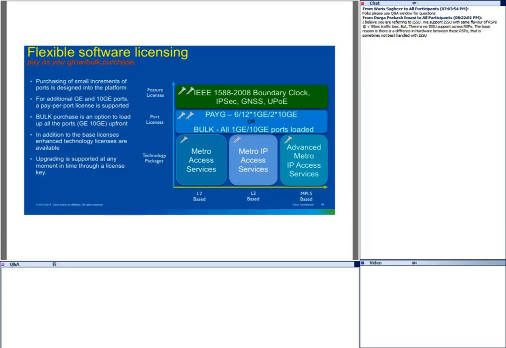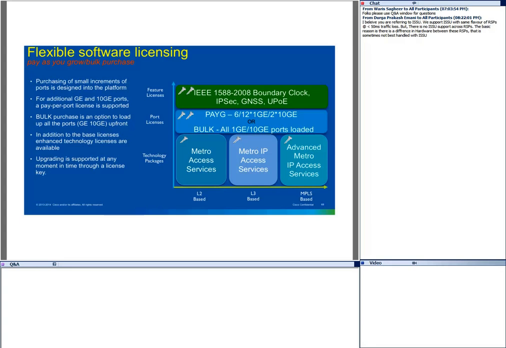And on top of that, you have the feature licenses. The feature licenses are like your boundary clocks, right? IPsec, GNSS, UPOE, NetFlow. These are all the feature licenses. So when I talk about the framework, do understand this, right?